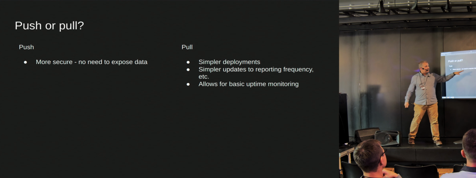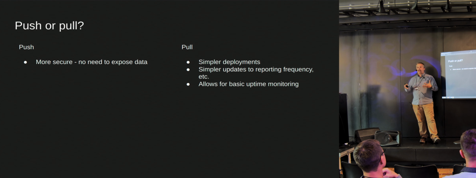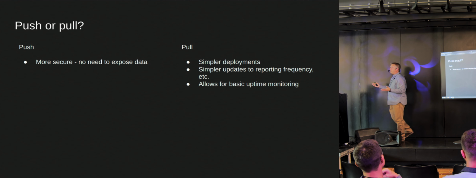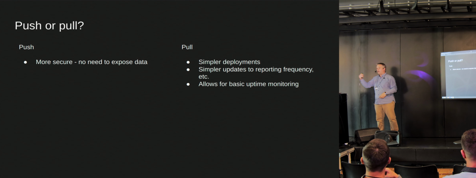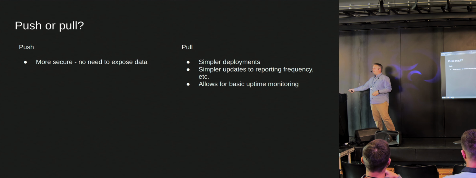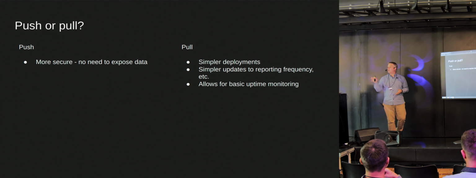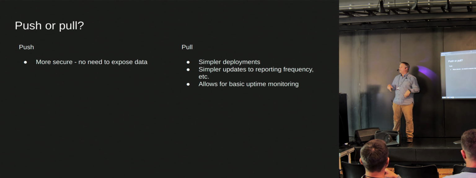And also, the other thing that sort of fell out of this is that it allows us to do some basic uptime monitoring. If we poll these clients every 5 minutes, and it's a simple HTTP request, if that client doesn't respond, we know something's wrong. A network problem, could be the site's down, could be a database fault, but we know something's wrong, usually before the client does.